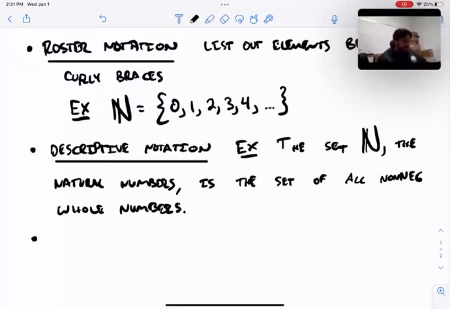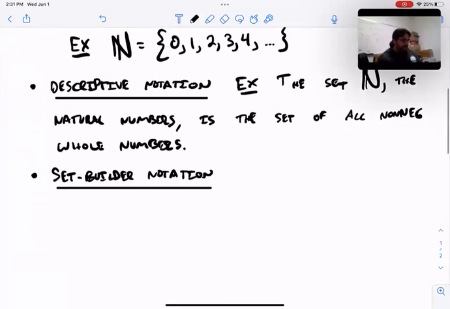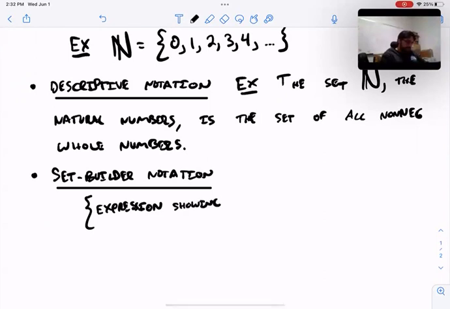Another way that we define sets is by what is called set builder notation. In set builder notation you put a curly brace, and then you put a variable, or some expression involving variables, to represent what the elements of the set might look like.